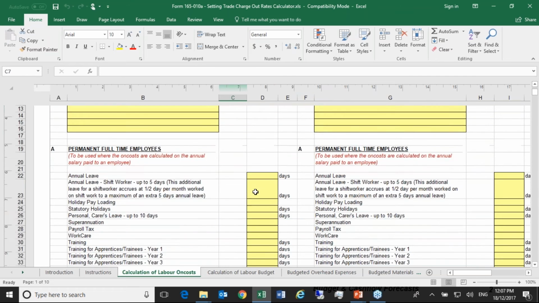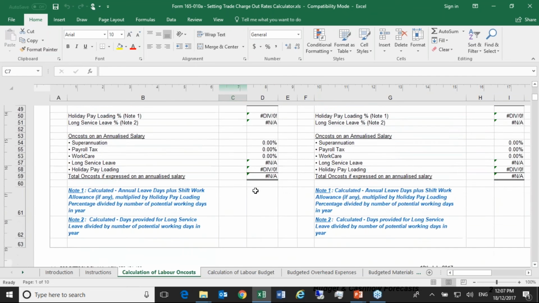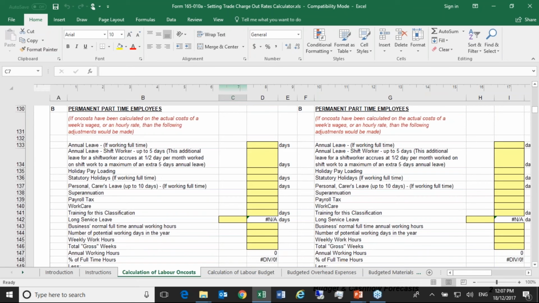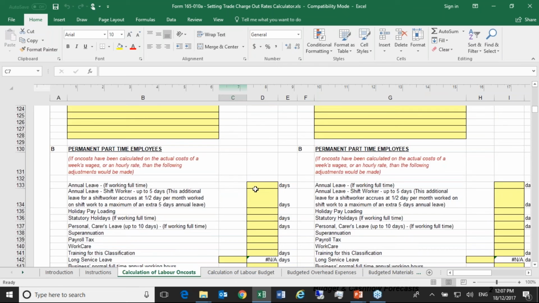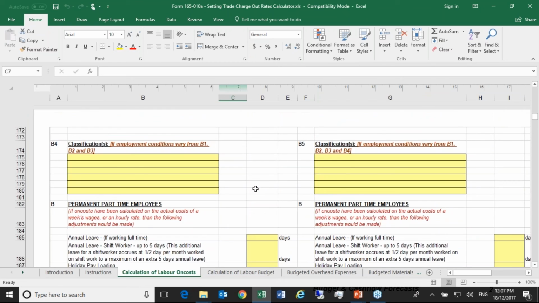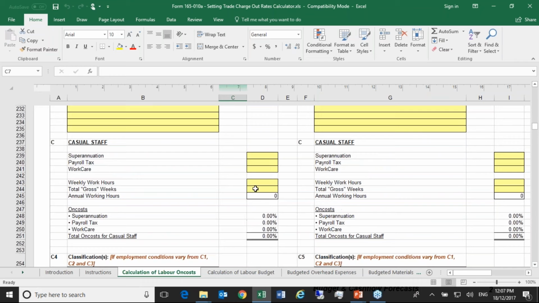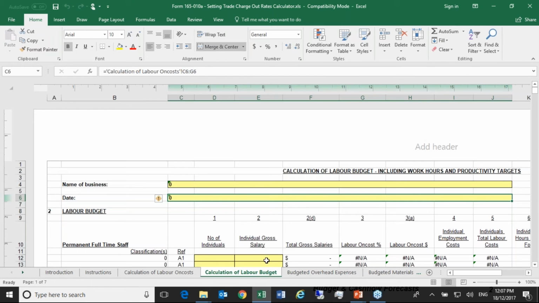The calculation of labour on costs is basically the same, but once again, they're supplied in these three major components: permanent full-time employees, permanent part-time employees, and casual staff.